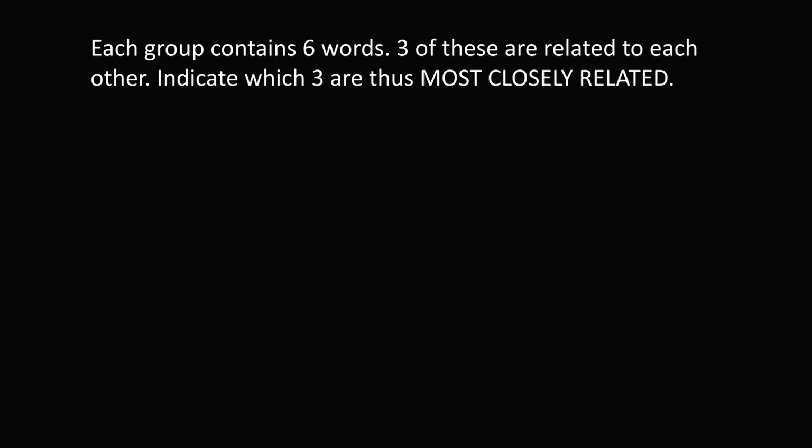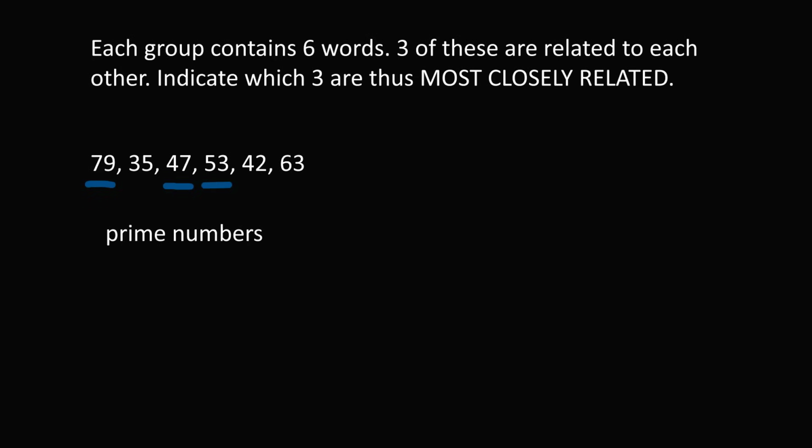Here's another sample question. The group is all numbers: 79, 35, 47, 53, 42, 63. Which 3 numbers are most closely related? Looking at this list, I would say 79, 47, and 53 because these are all prime numbers.